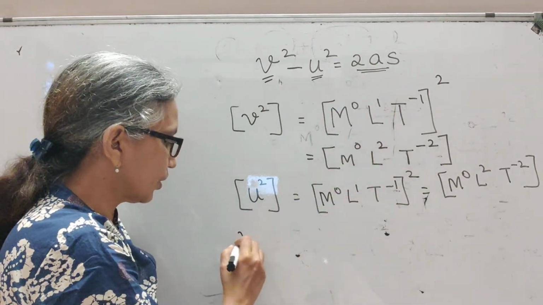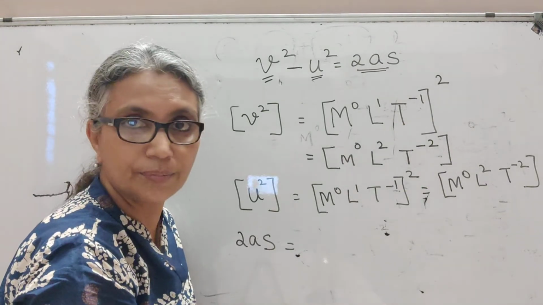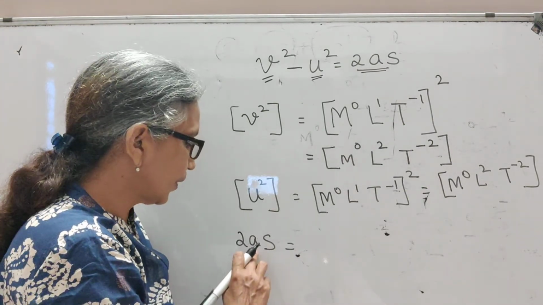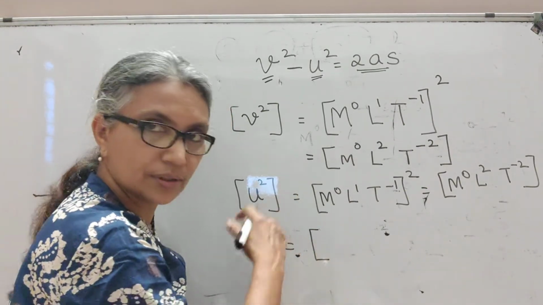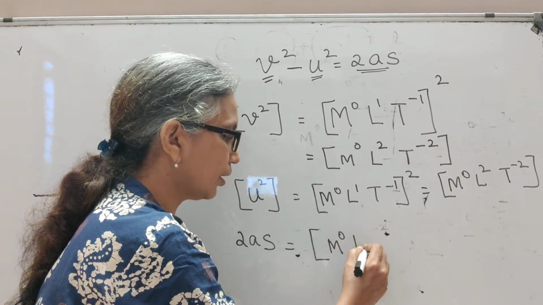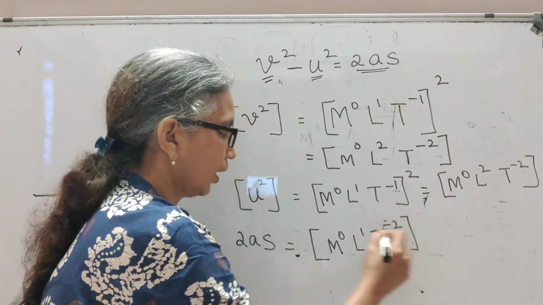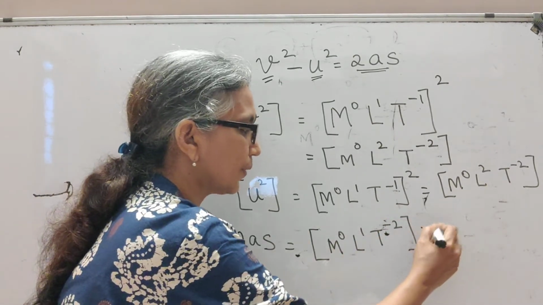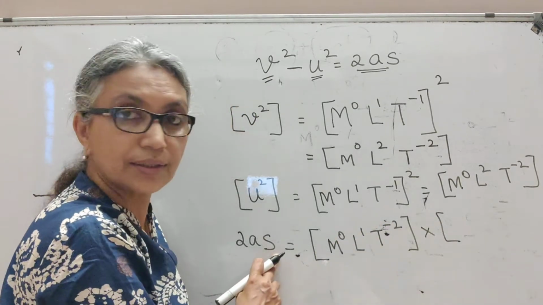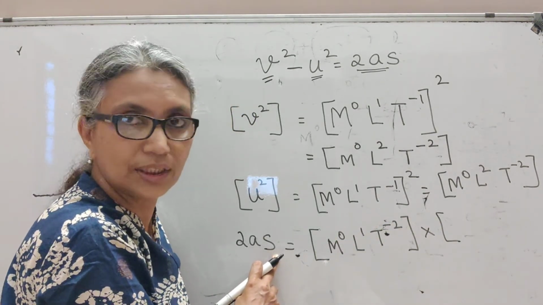Let's check this last one. Third term, 2as. 2, I told you, is a number without a dimension. Acceleration, in the previous equation we derived it as m0 L raised to 1 T raised to minus 2, multiplied by displacement. What is s? s is the displacement of the particle, which comes under length. The base quantity is only length.